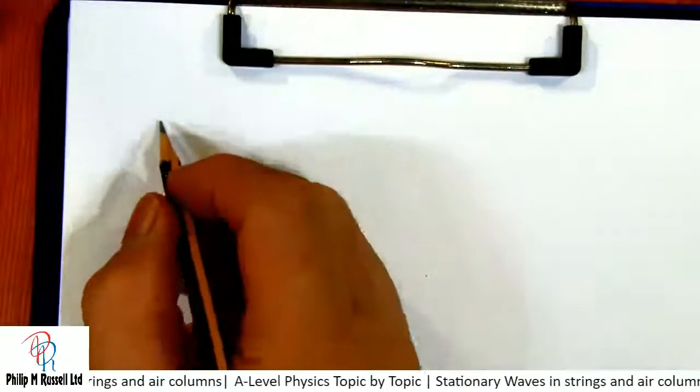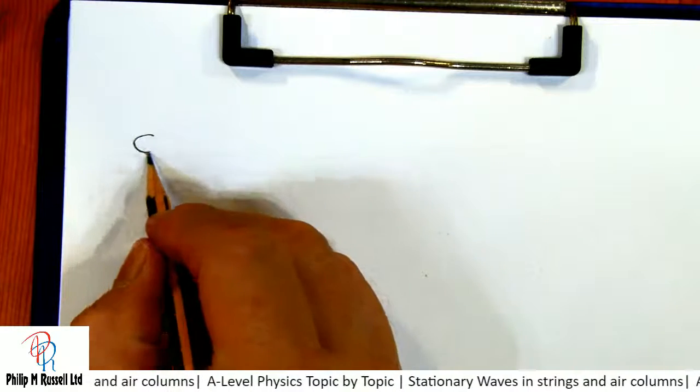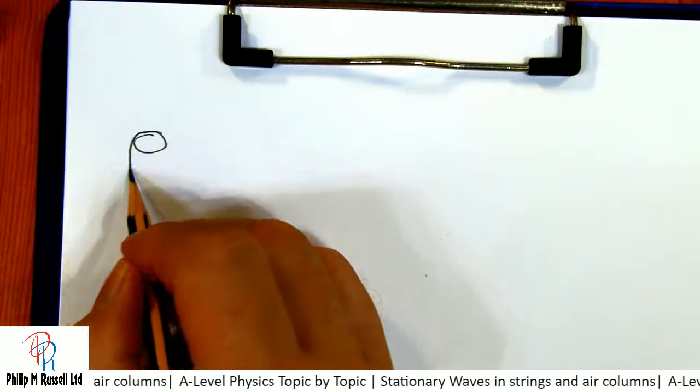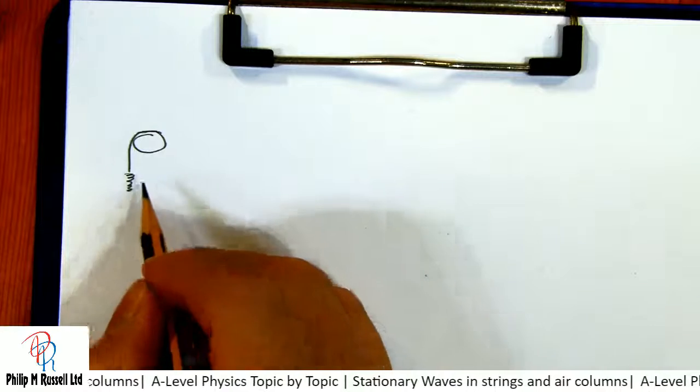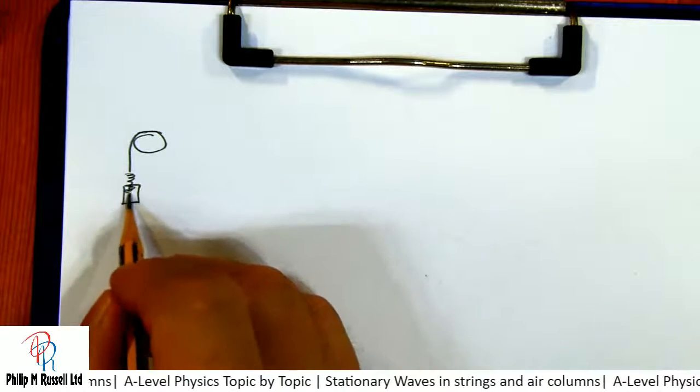What I want is to produce a system whereby I've got a pulley with a weight on it just to hold it sort of taut.